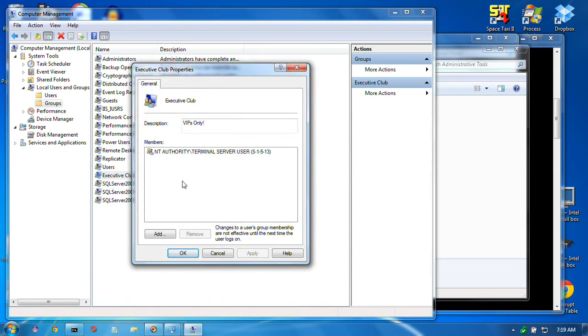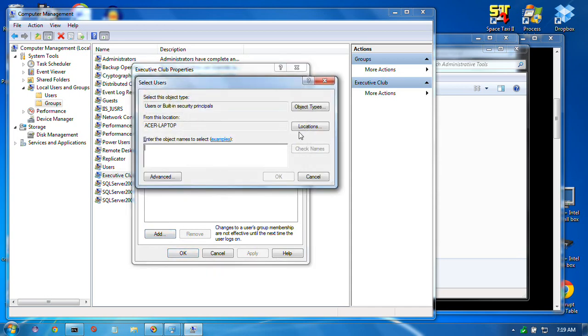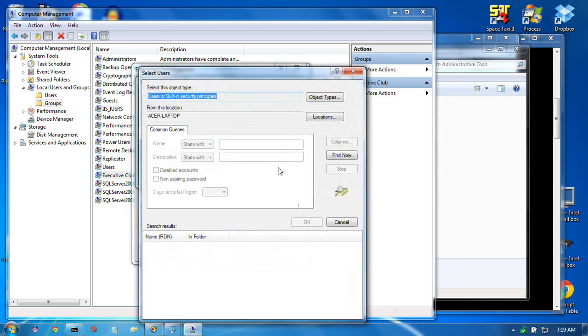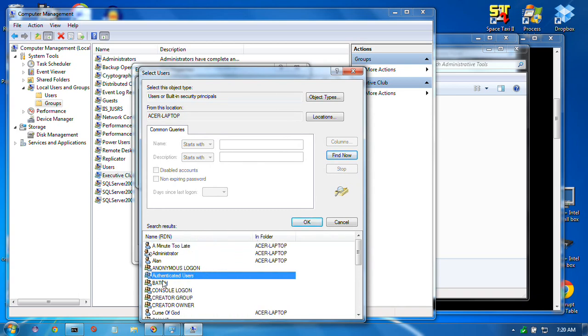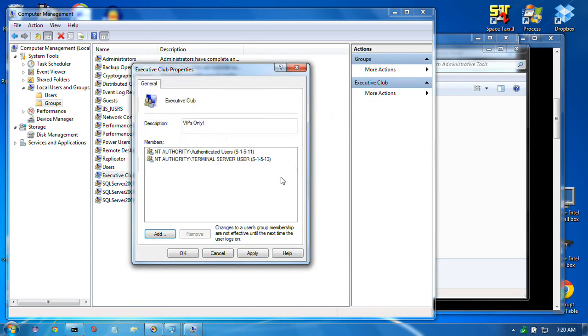Terminal server is still there, and what I want to do is add authenticated back. Okay, and remove this one.